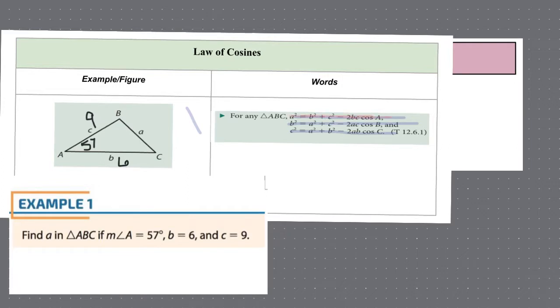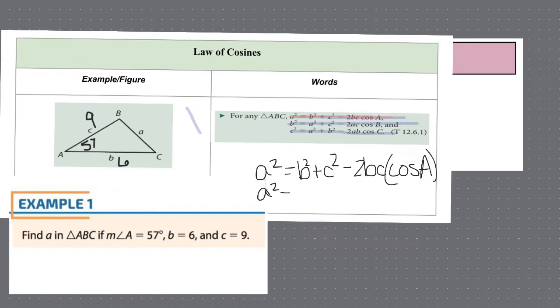If you haven't learned by now, I always like to write my formula out first. So I've got A squared is equal to B squared plus C squared minus 2BC times the cosine of A. So I'm going to substitute in what I know.